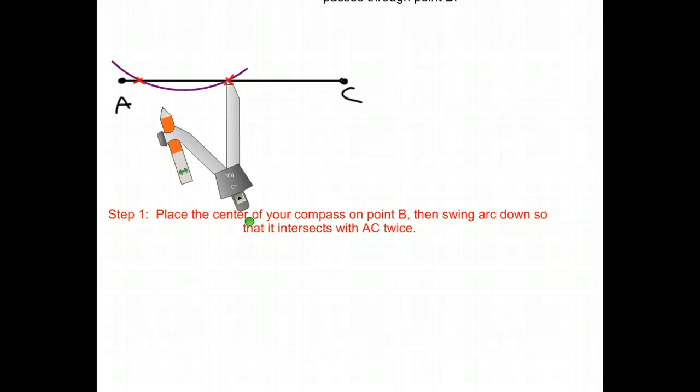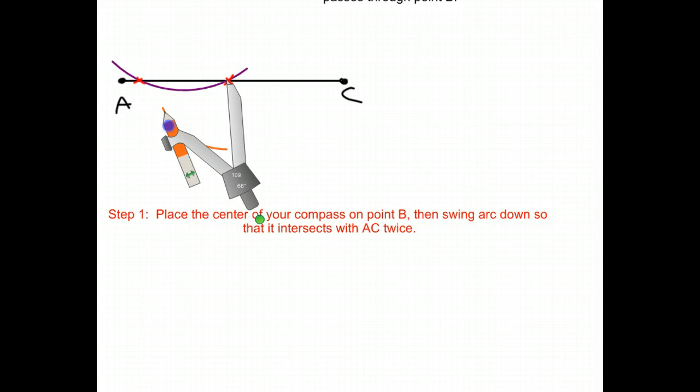Once again, we want the measurement of the compass to be at least halfway between the two intersections, those two red X's there. It doesn't have to be an exact measurement. Just make sure that it's at least halfway in between. So I'm going to swing an arc below on this side.